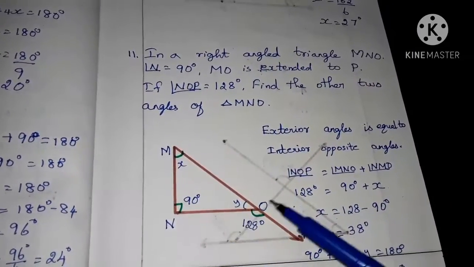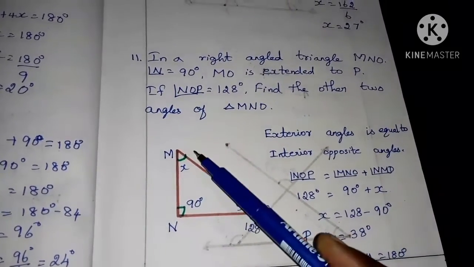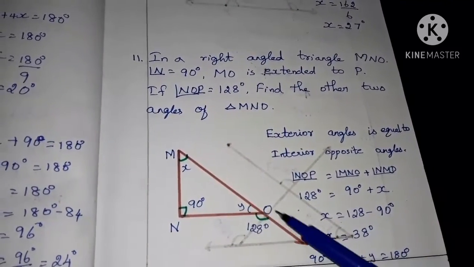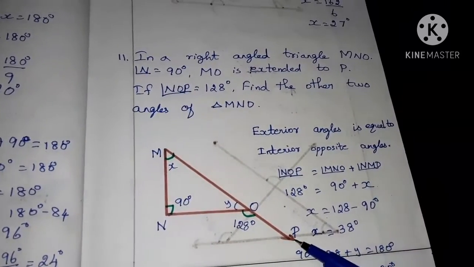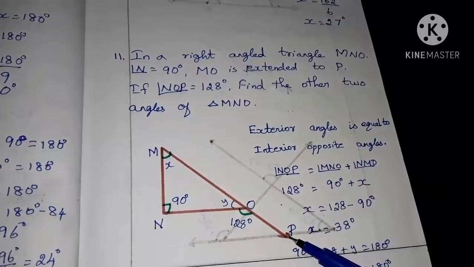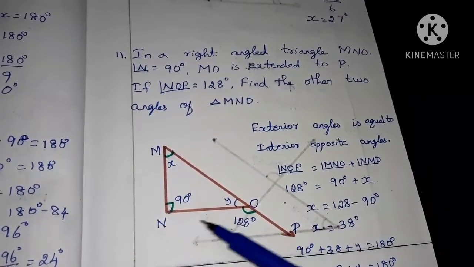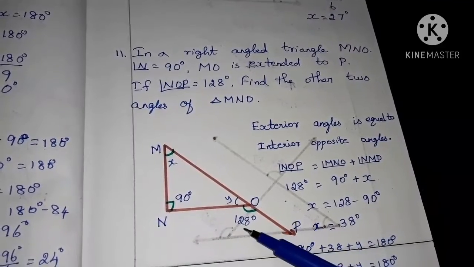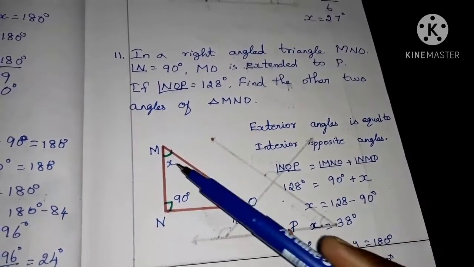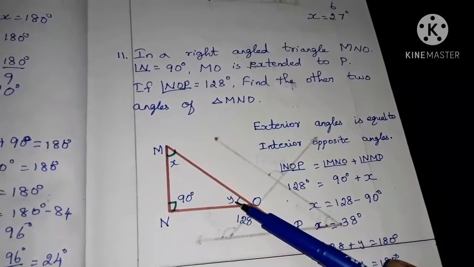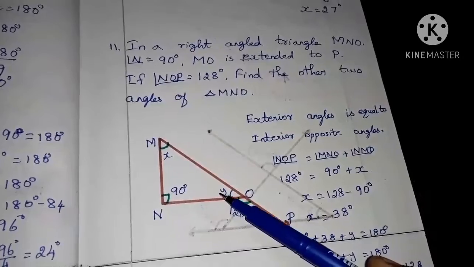So we draw the right angle triangle MNO. Angle N is 90 degrees. We extend MO to P. NOP is 128 degrees. Find the other two angles. This angle I take as x, and this angle I take as y.